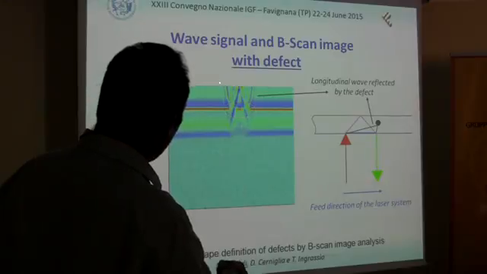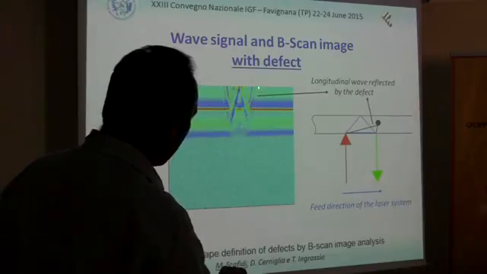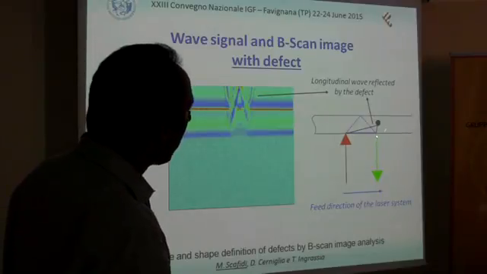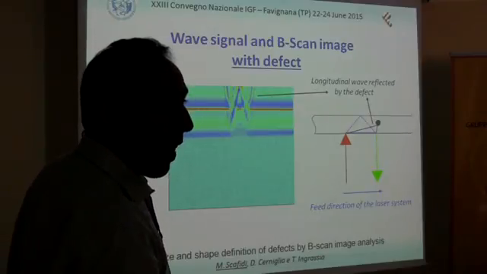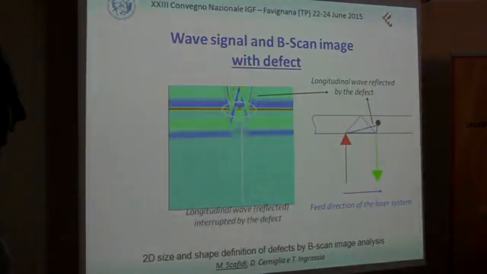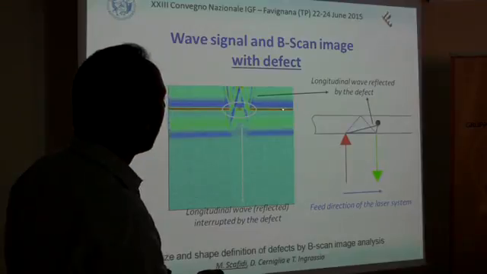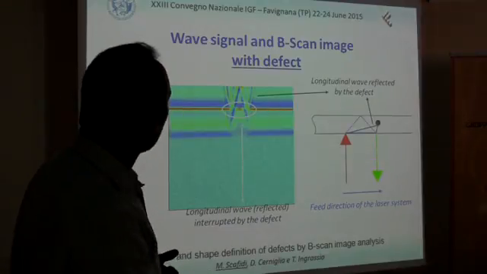We have this parabola, due to this reflected wave. And the second effect is the interruption of the biggest wave.